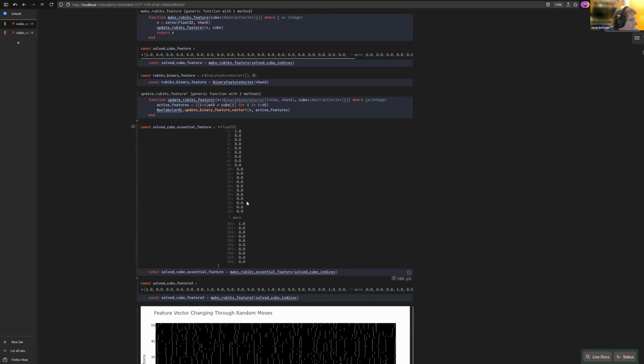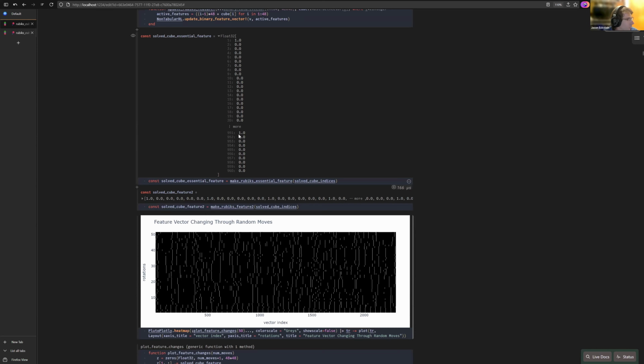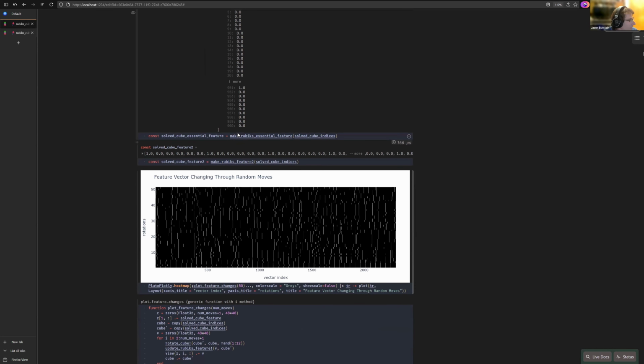But there's some information here about compressing it. This is a much shorter one. It's only 960 long. This just removes from the feature vector all of the redundant faces that are implied by the other ones. But it will end up making the space smaller for approximation.